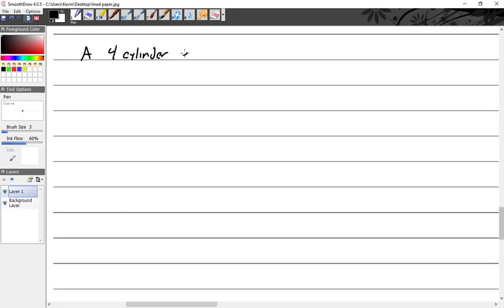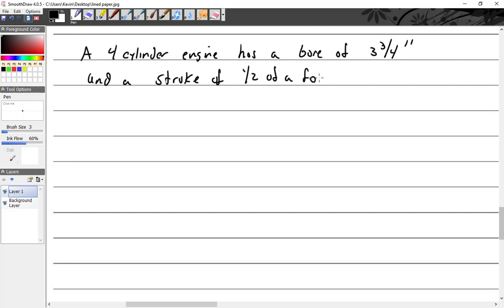Should do it on our own test. He still needs to get a problem. It's 3 3/4, and it has a stroke of 1/2 foot.